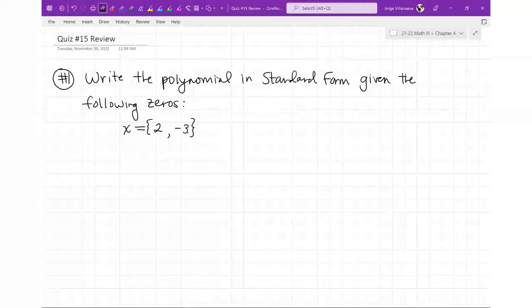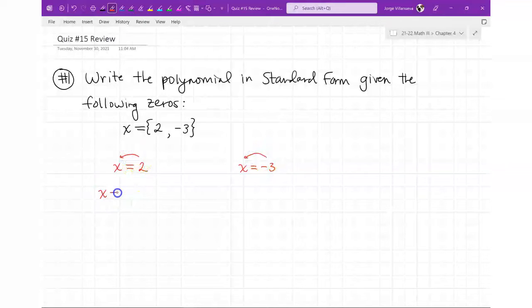So if I have to work backwards, then I would say, okay, I got this answer and I got this answer, right? That's the way it would have looked at the end of my problem. Like, here are my two solutions. What did it look like before I solved for x? Well, those numbers were probably on the other side. So I'm going to move the 2 over, and I'm going to move the negative 3 over.